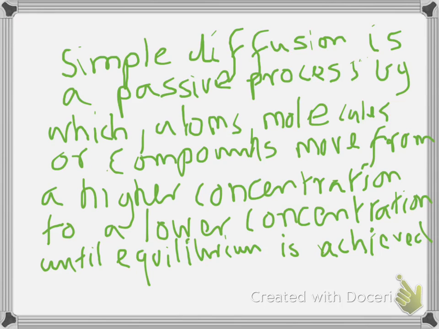It happens without you putting in a battery or any sort of energy input. You put some red dye in water and it's going to flow straight throughout. You don't require energy. This is probably a good term to put down if you're defining simple diffusion. It always is passive. No energy is required.